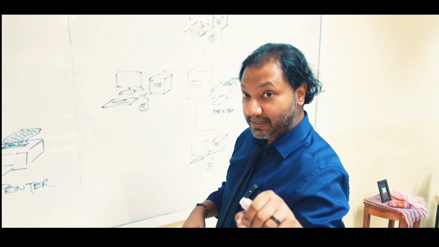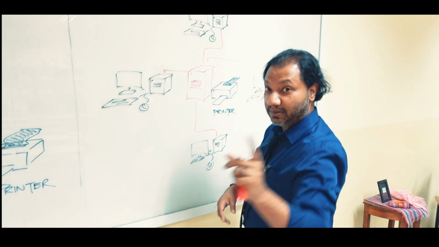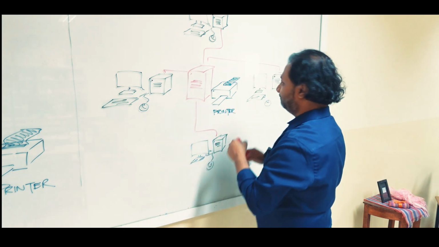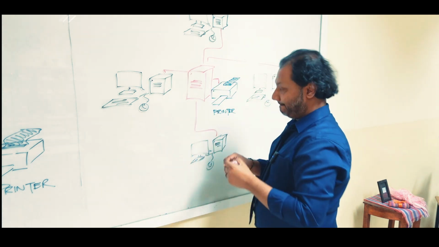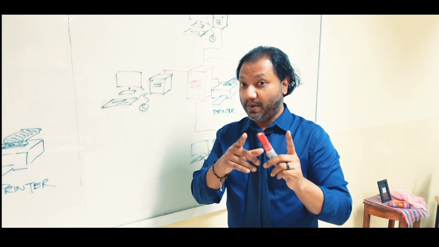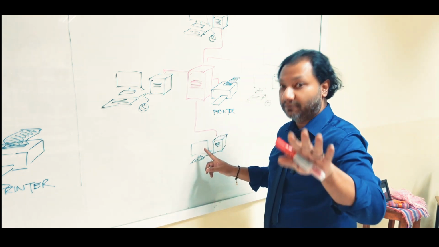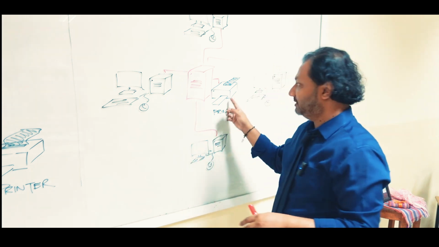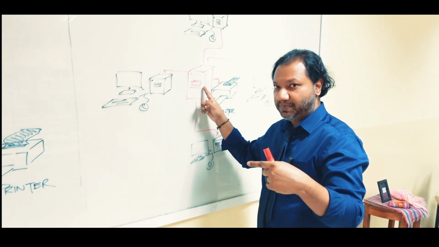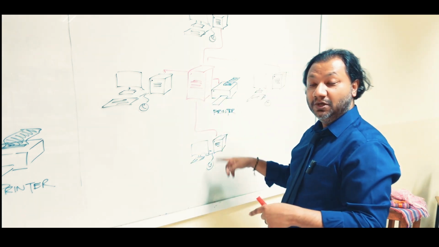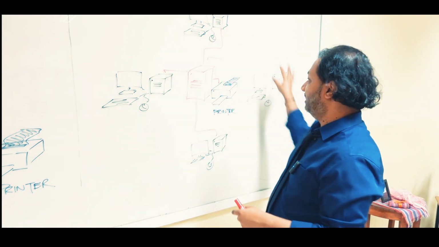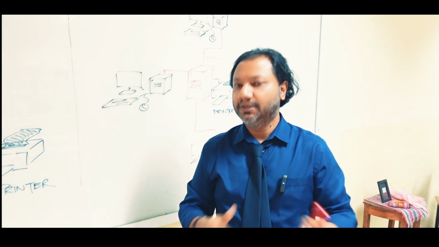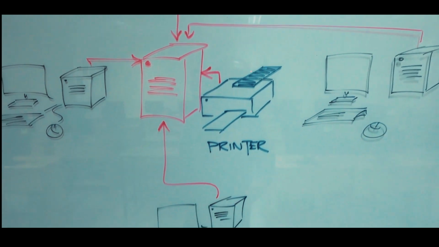And I'm going to connect the printer to that CPU. Now the printer is connected where? Is the printer connected to this CPU? Not really, not directly. It is connected to this CPU, and this CPU is connected to the other CPU. So that means now from any machine, if you want to print, you can print.